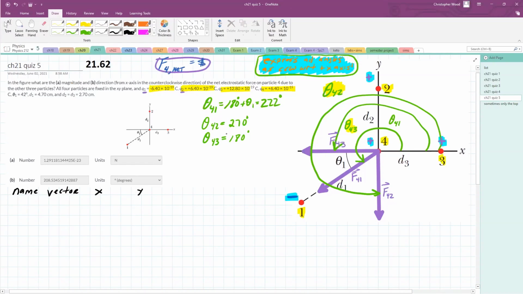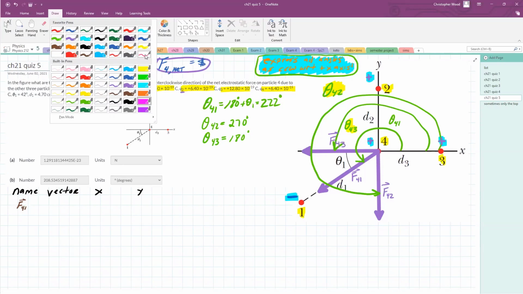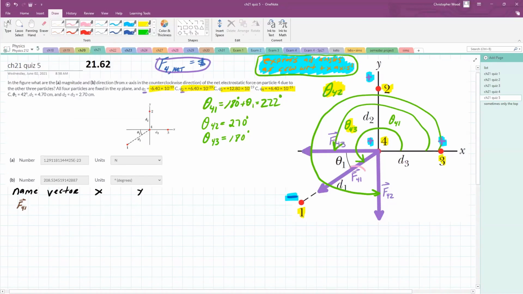Let's go through it. I have 3 force vectors. Here they are. I have F41, which is the electrostatic force acting on particle 4 due to particle 1. Again, it's always F on what, from what.